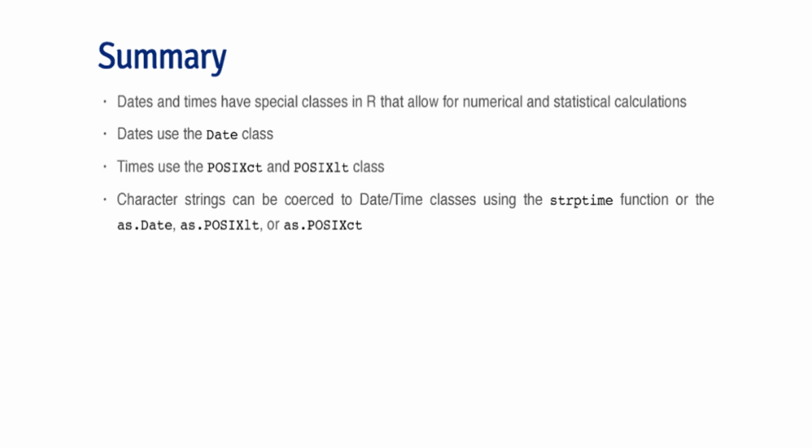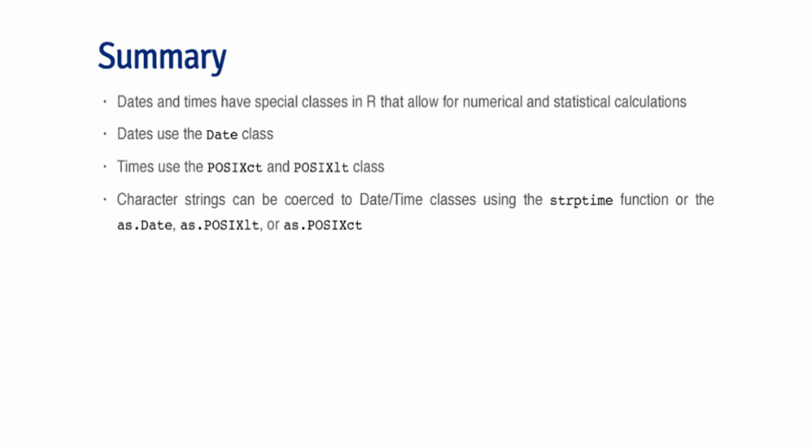So that was just a quick overview of the dates and the time classes in R. So just to summarize, there are special classes in R that represent dates and times, and that will allow you to do numerical and statistical calculations. Dates use a date class, times use either the POSIXct or POSIXlt class, and then character strings can be coerced to either a date or a time class using the strptime function, or as.Date or as.POSIXlt or as.POSIXct.